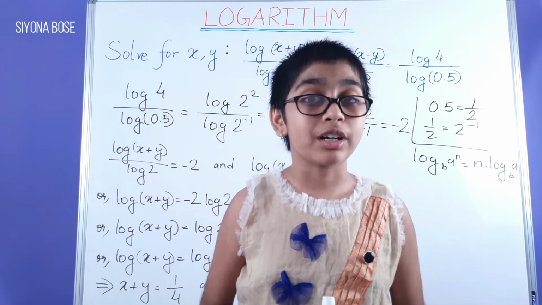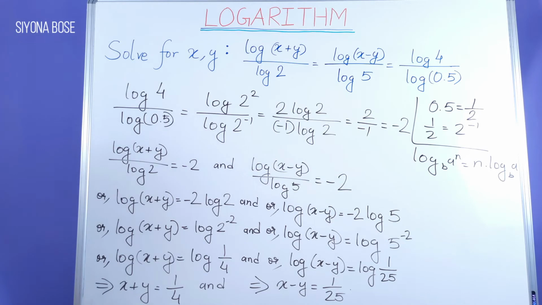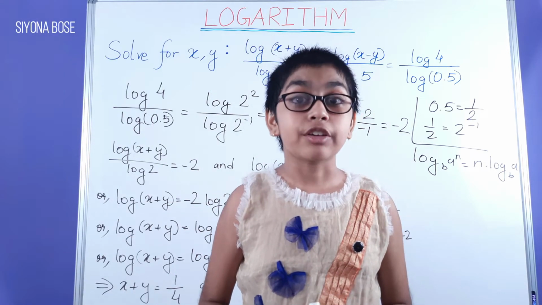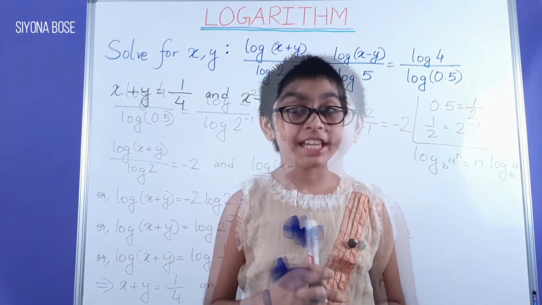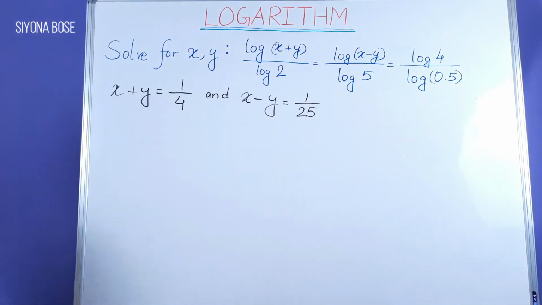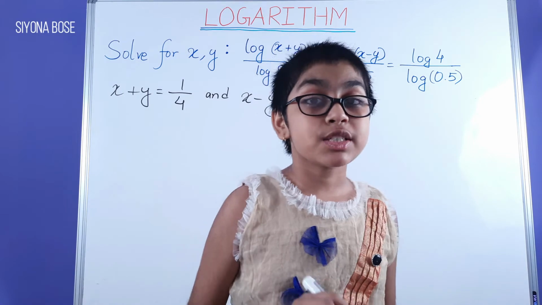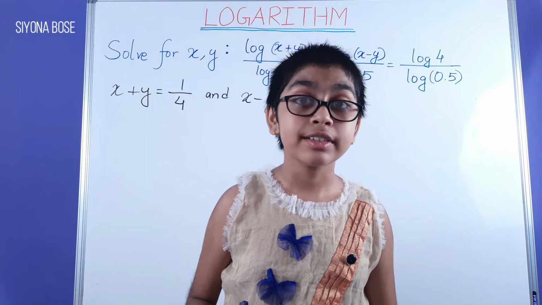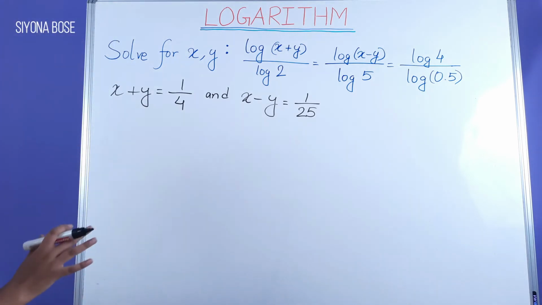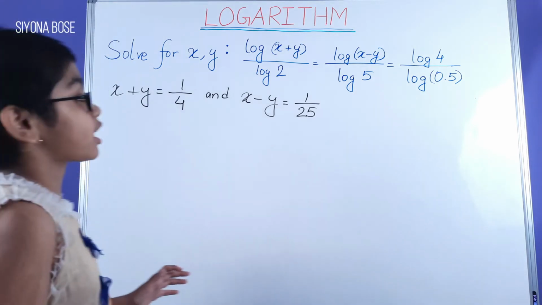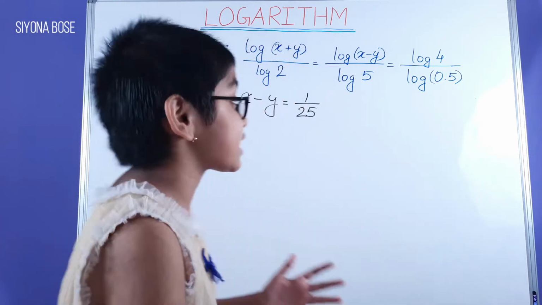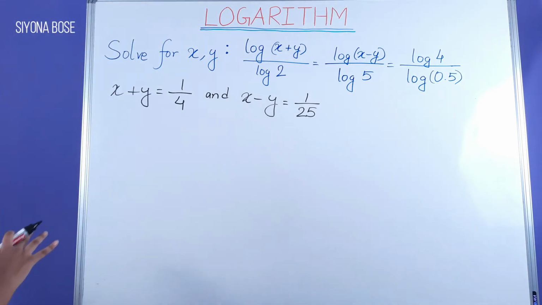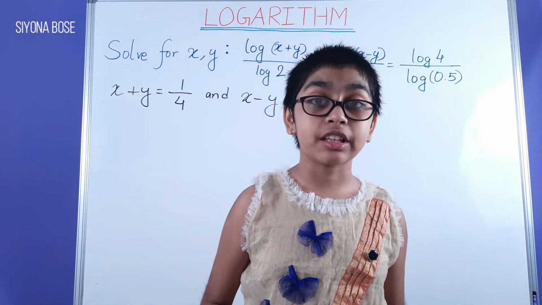Take a look at the board. Now we will get the value of x and y. x plus y equal to 1 by 4 and x minus y equal to 1 by 25. This is how we made the sum quite easy, and now from here we can use the simultaneous linear equations concept, which we have learned previously, to get x and y's value.